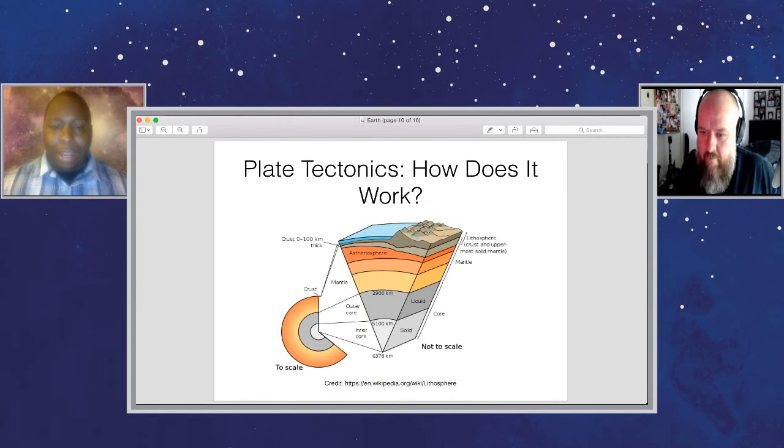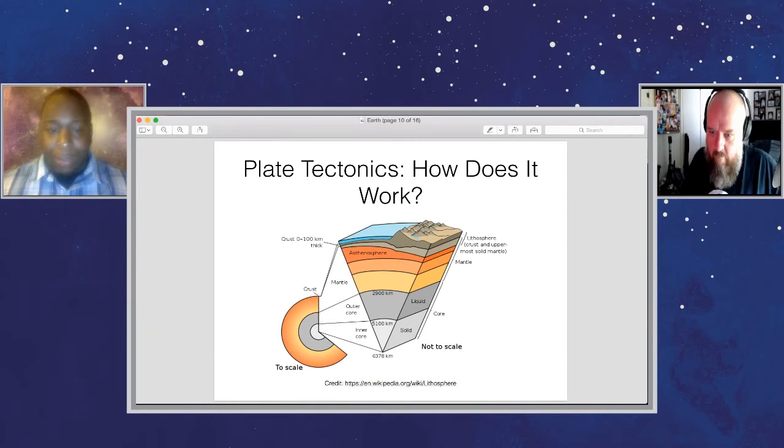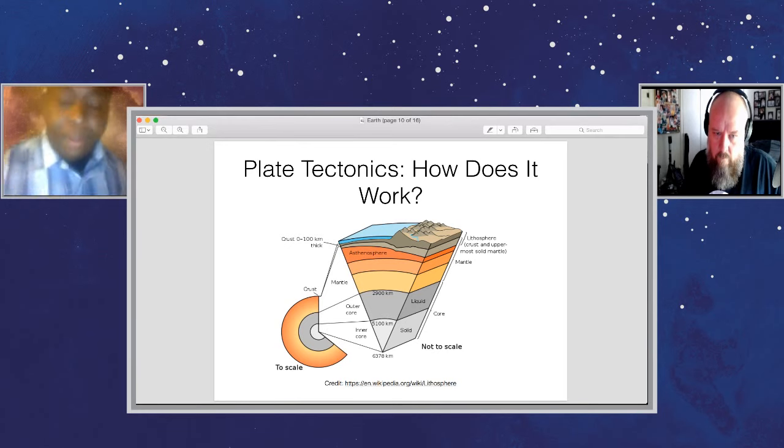To get a better understanding of exactly why the plates move, let's look at this one particular image that shows a breakdown of what the interior of our Earth looks like, top down. I'll start at the top, where if we look along the right edge of our image, we see some words.